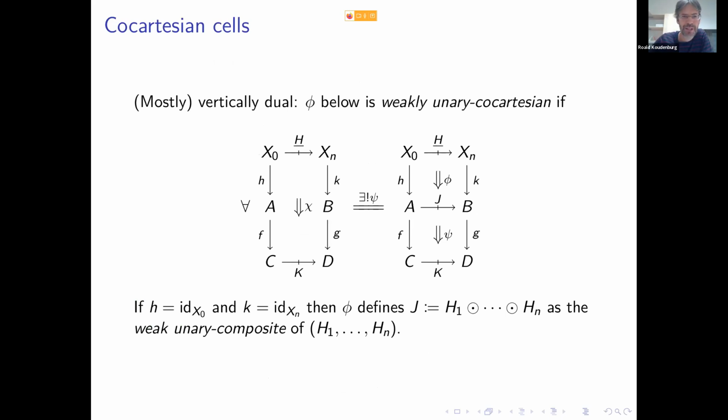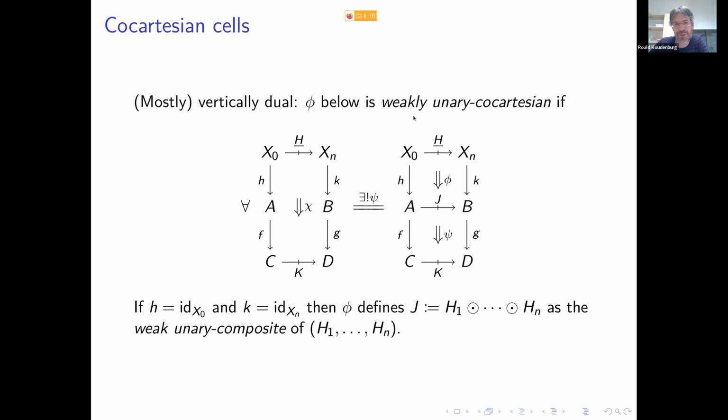We'll also briefly use co-Cartesian cells at the end of the talk. Now we consider a cell phi in the top of the right-hand side, and we call it weakly unary co-Cartesian if any cell chi on the left factors through phi as a cell below phi, right? Unary co-Cartesian here because we restrict to cells chi that are unary, not ones that have an empty path at the bottom.